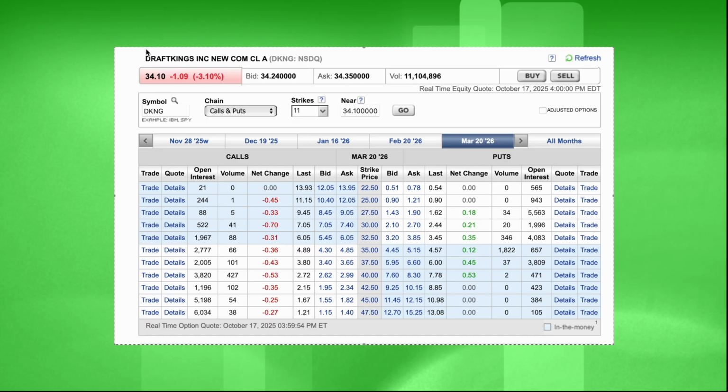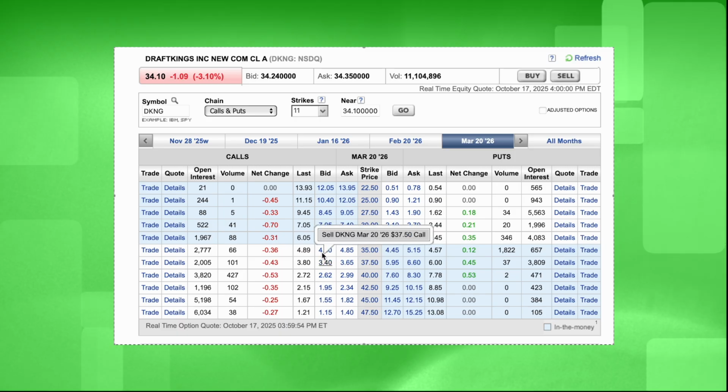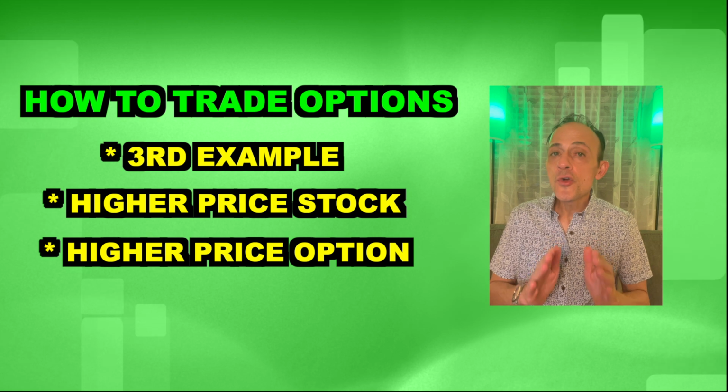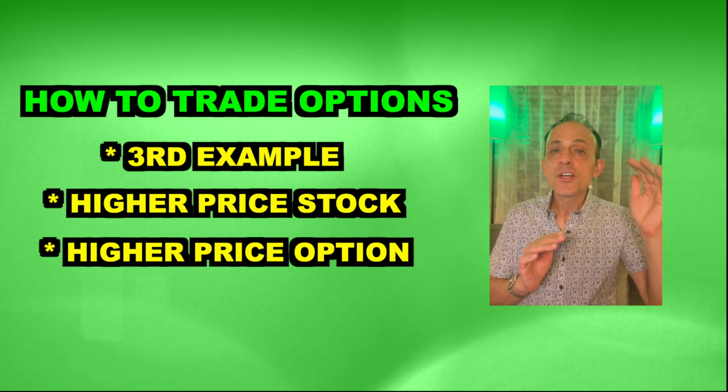So this volume is higher. So the purpose of this segment was for you to see that DraftKings is trading at $34 and Fubo was trading at $3. And you can see that this one is $489 and Fubo was 82 cents. So the higher the stock price is, the more the option contract will be. So now let's look at our third example of a much higher price stock.